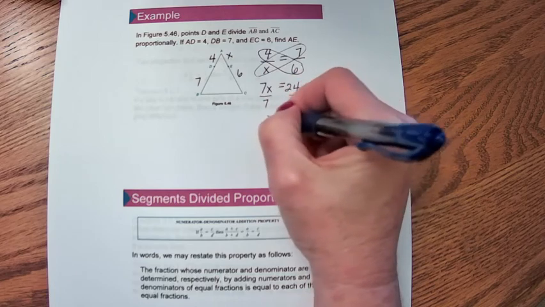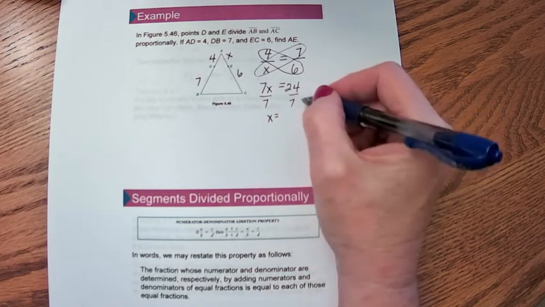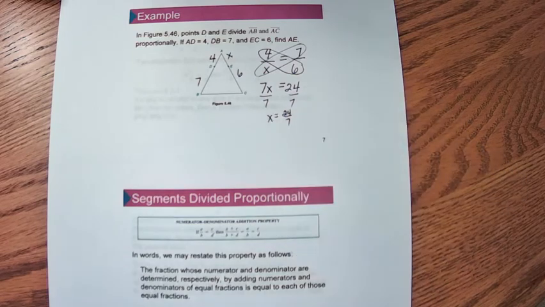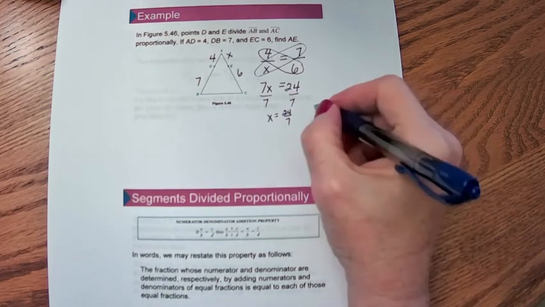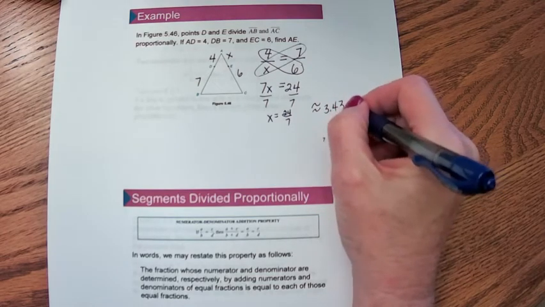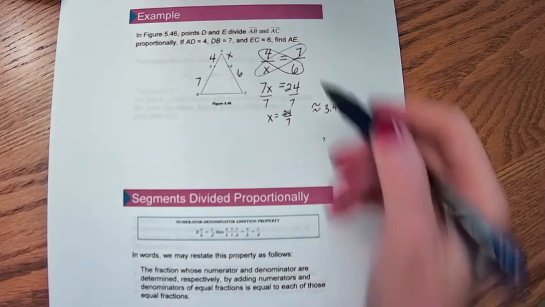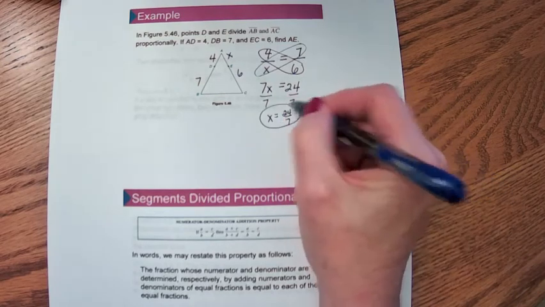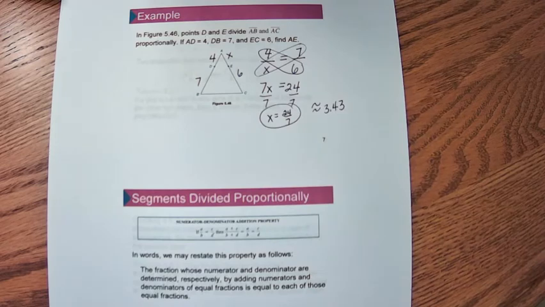Divide both sides by 7. And we don't get an exact number. We want to leave it as an exact number, 27 over 4. If you wanted an estimate, it would be about 3.43. But since we're talking about proportions being equal, I think I would leave it as a fraction there.